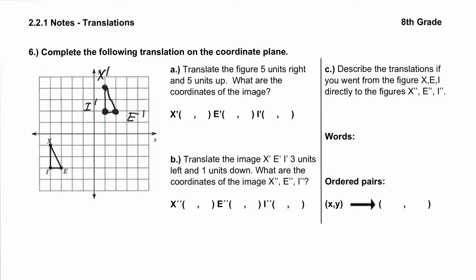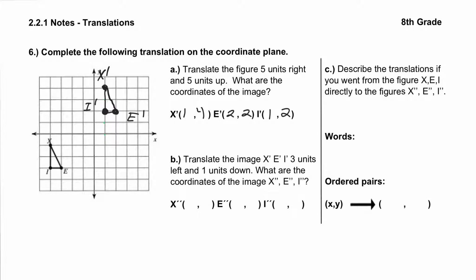So there's our image X prime, E prime, I prime with the coordinates: X prime is 1, 4. E prime is 2, 2. And I prime is 1, 2.